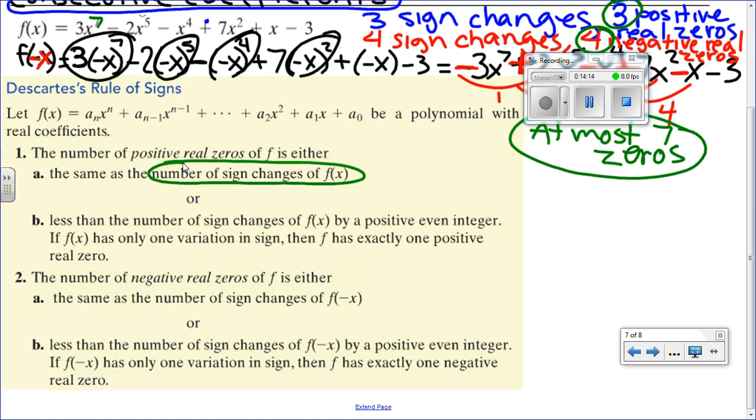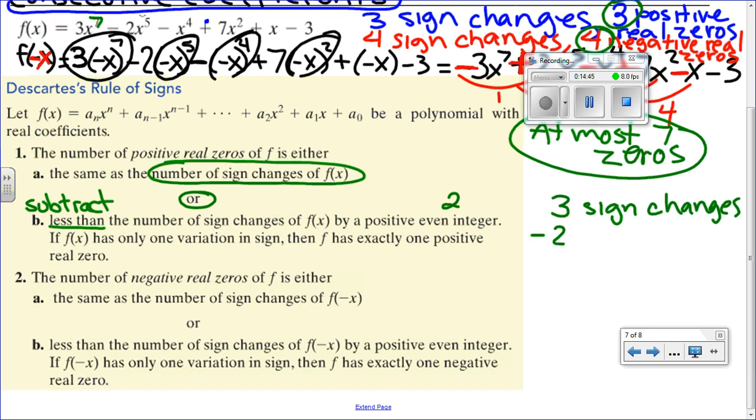And we have this or statement. It will be less than, so that means we're going to subtract less than the number of sign changes by a positive even integer. So the first positive even integer is 2. So the example we had at the beginning, we had 3 sign changes. So if we subtract 2, we get 1.